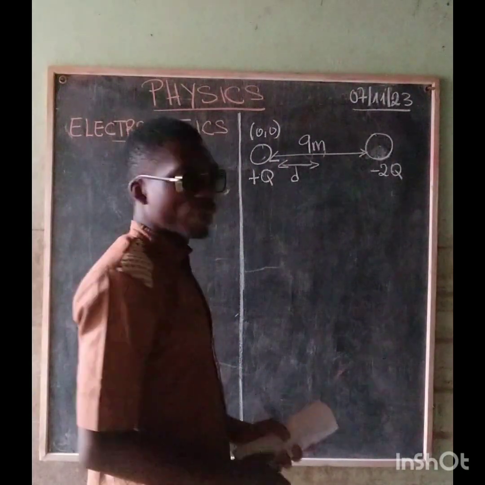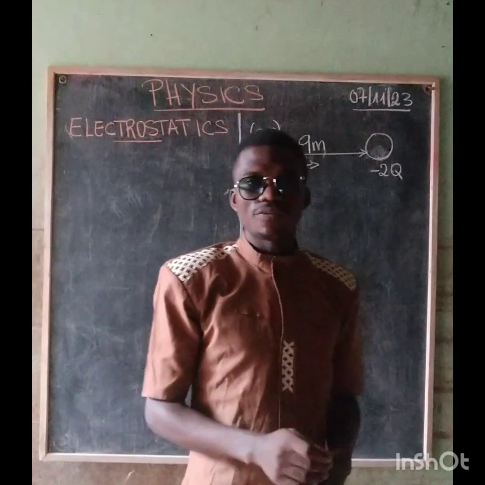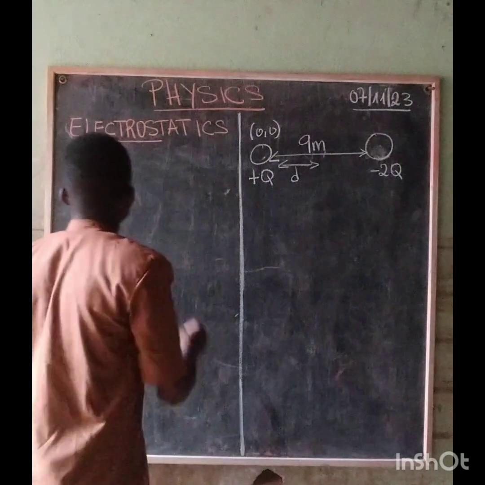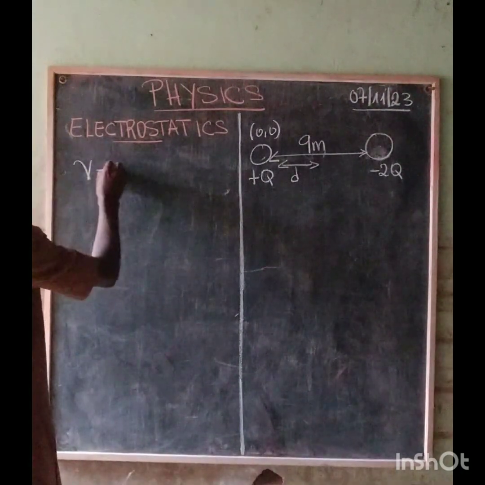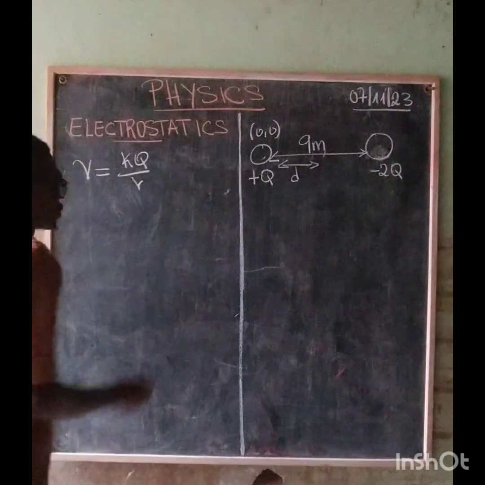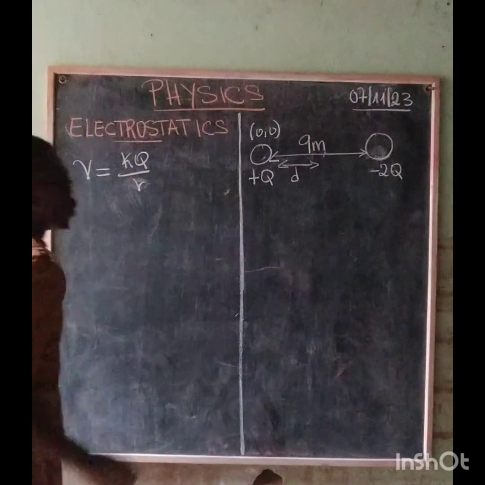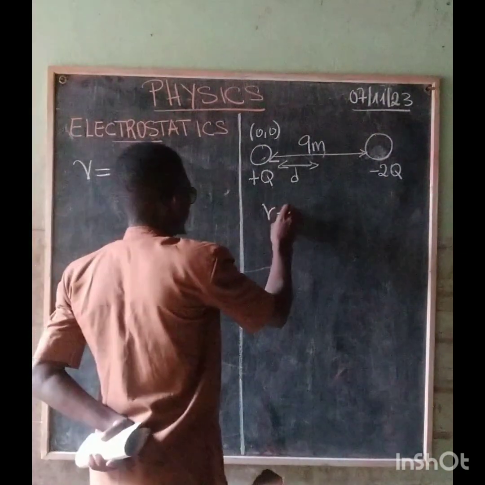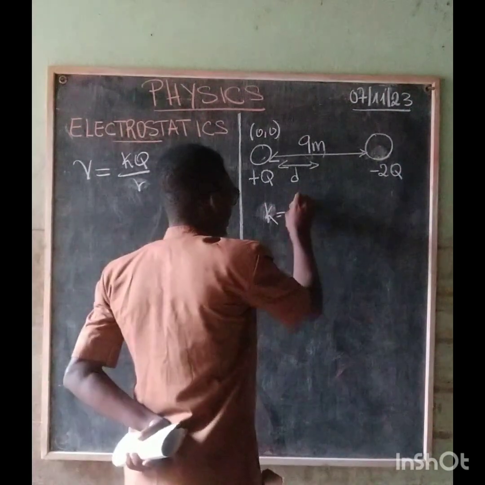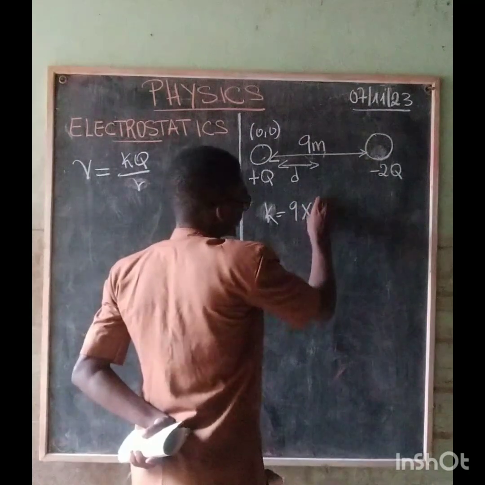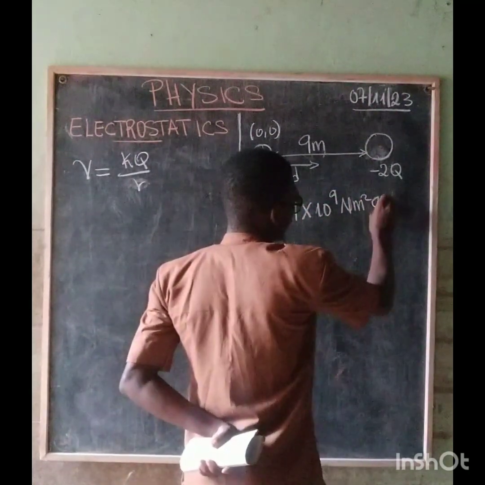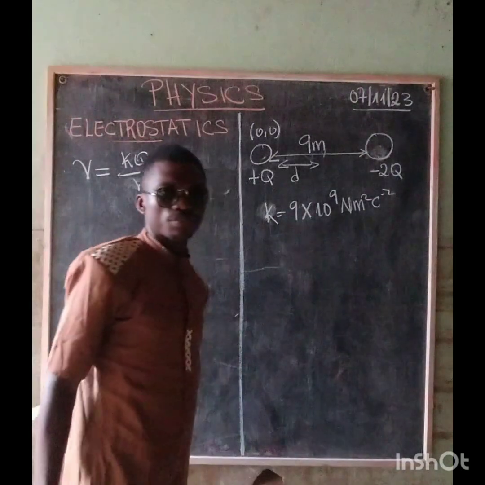So now, we need to use the formula for electric potential, which we know as V. Electric potential is KQ on R, where K is a constant given by 9 times 10 to the power of 9 Newton meter squared per Coulomb squared.